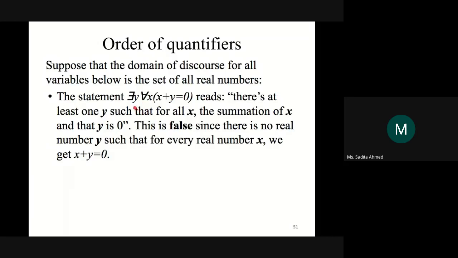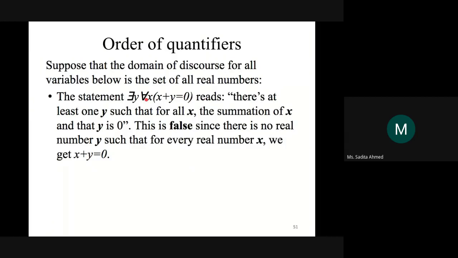So you cannot find even one real number for which all the real numbers added to it give you 0. Yes, if you pick y equal to 1, x equals -1 gives you x plus y equal to 0. But what about the other x's? We have to prove it for all x, right? No, we cannot do that for all x.